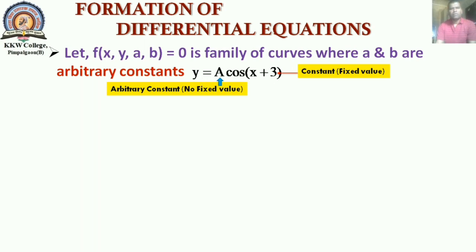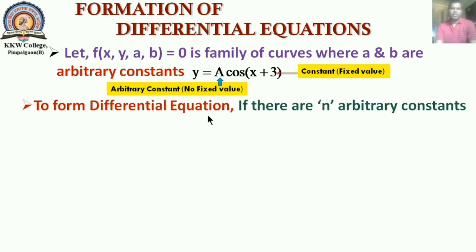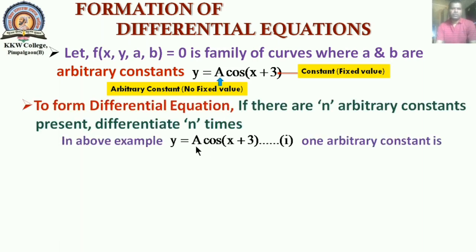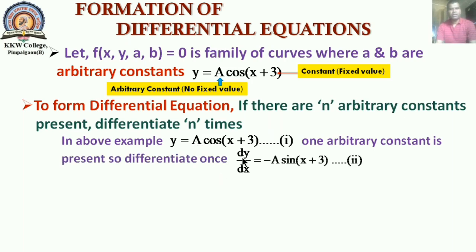We have to remove this arbitrary constant. The number of arbitrary constants present in the equation represents the order of the differential equation. Here y = a cos x + 3. We have to remove this arbitrary constant. Therefore, differentiating with respect to x, we get dy/dx = −a sin x + 3. So this arbitrary constant is not removed.